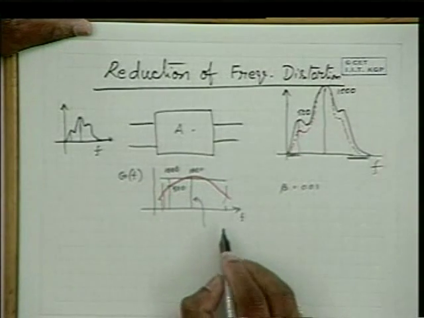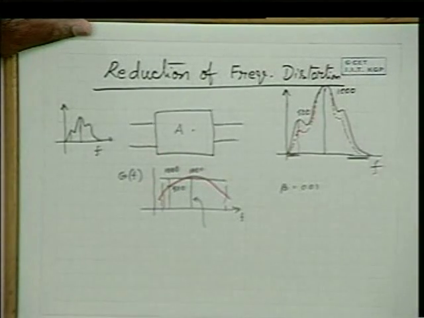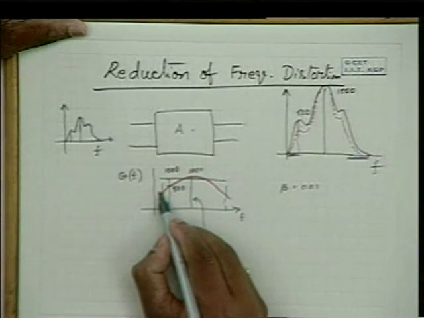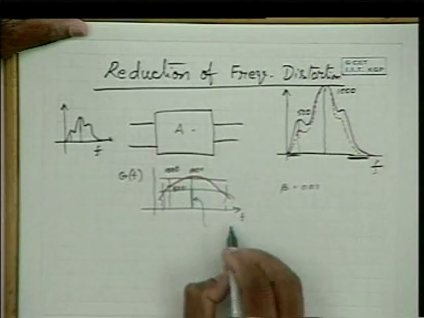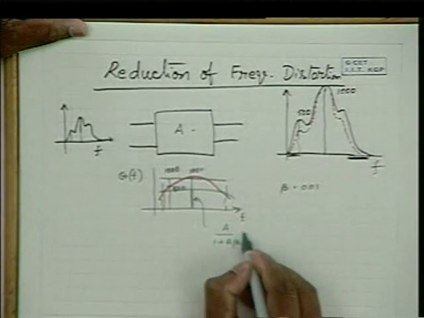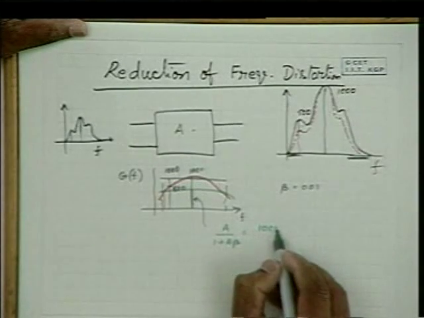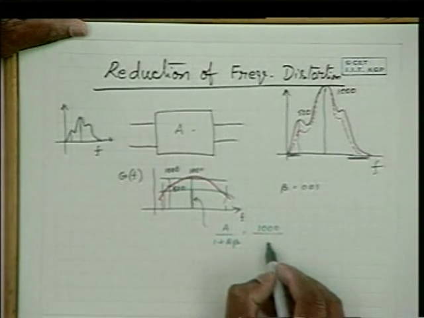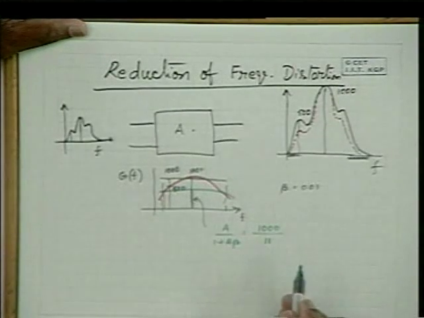Gain for this frequency after feedback, say this is the gain of the feedback amplifier. After feedback, the gain would be A by 1 plus A beta. So that is equal to 1000 by 1 plus 10 into 0.01, 1000 by 11.